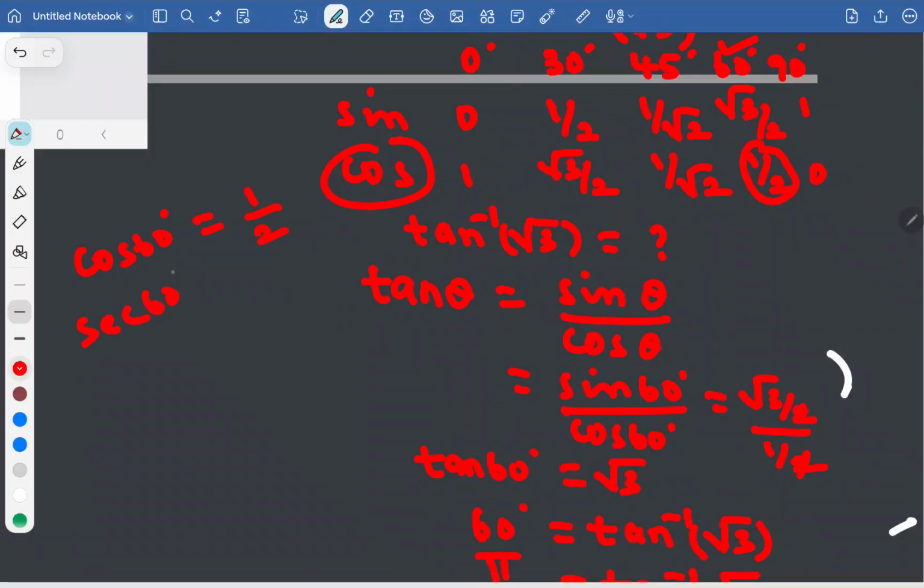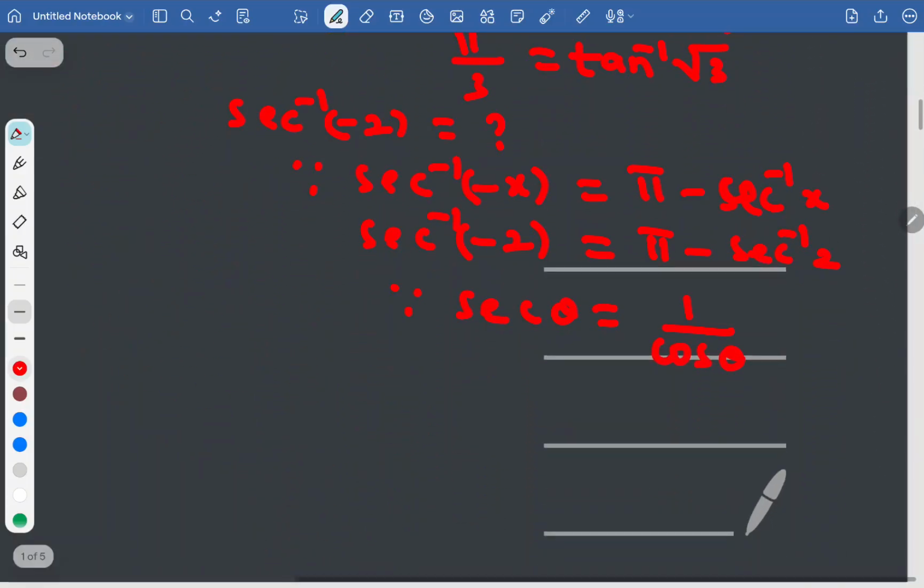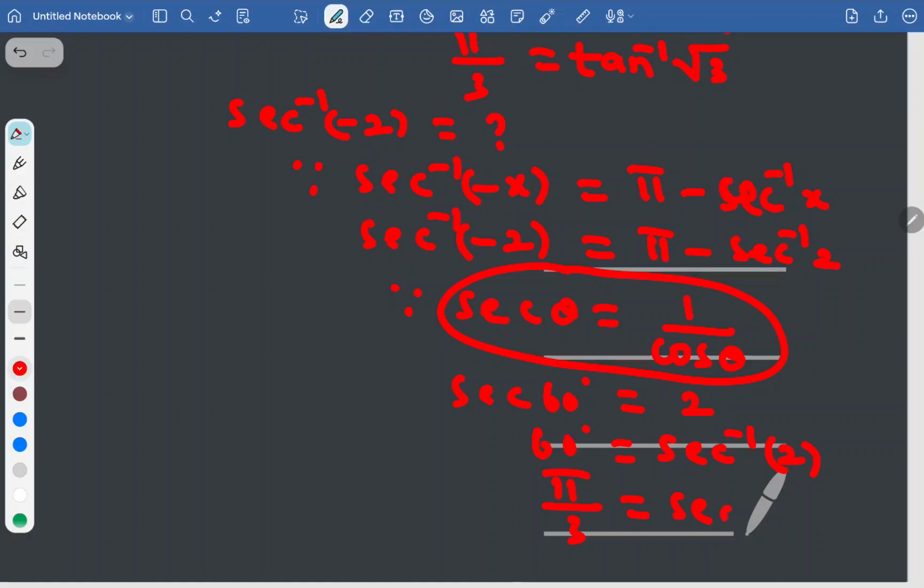What is secant 60? 1 by cos 60, that is 1 by 1 by 2, which is equal to 2. Secant 60 is 2 because secant theta is 1 by cos. So 60 degree, which is pi by 3, equals secant inverse of 2.